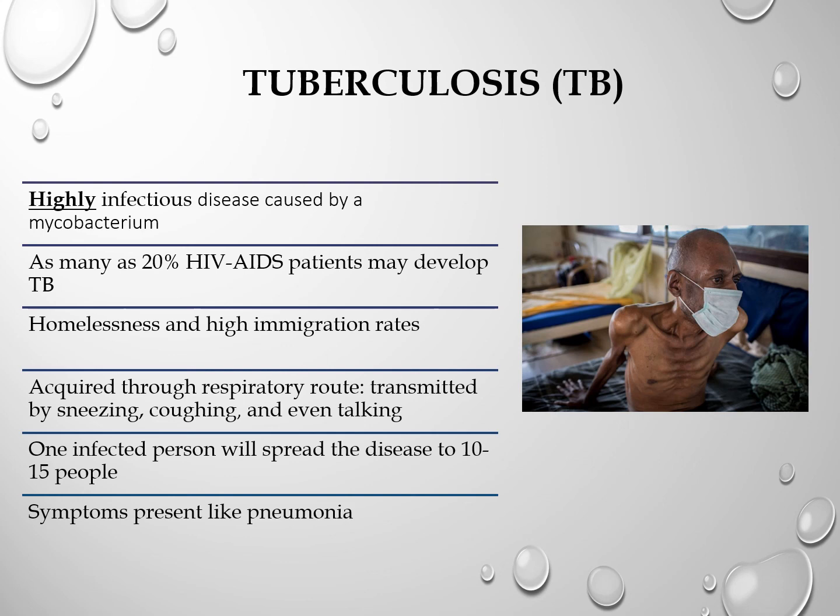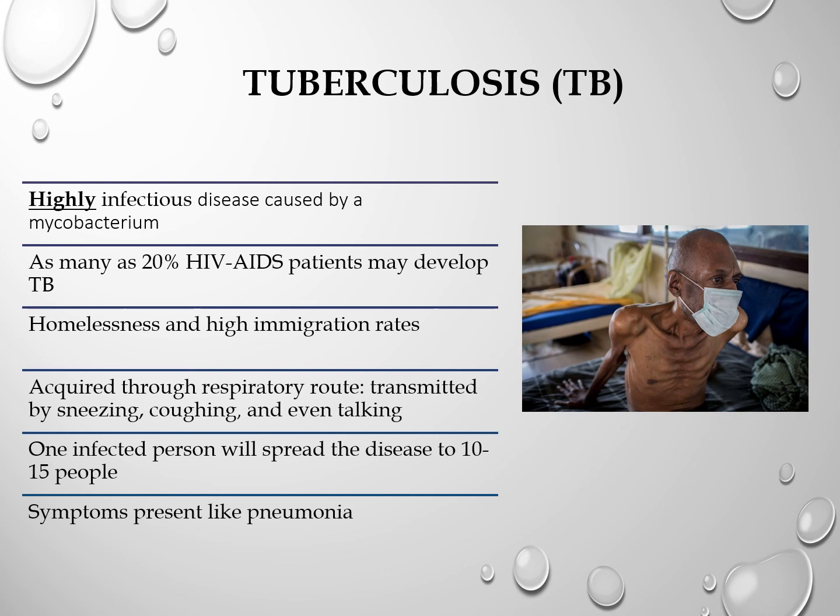As many as 20% of HIV and AIDS patients have tuberculosis, and that's partly due to their immunosuppression. So mycobacteria in general and tuberculosis more specifically can easily invade a patient's body when they're immunosuppressed. So very high rates in patients that are coming from highly populated countries, such as India, and in the homeless as well.